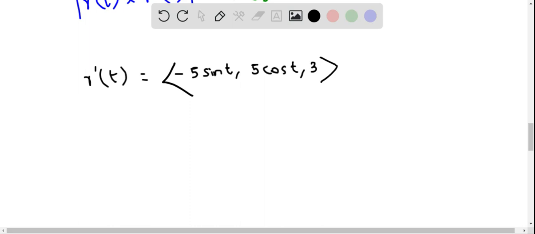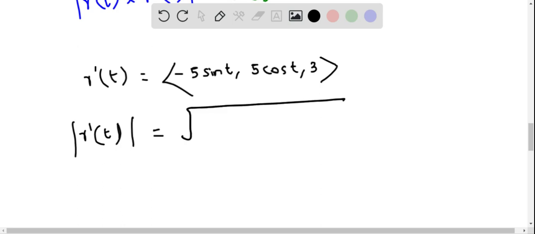So let's find its magnitude. We find the magnitude of r prime of t, and once again we put this under the square root. We do the sum of the squares of each of the terms, that is negative 5 sine t quantity squared plus 5 cosine t quantity squared plus 3 squared.